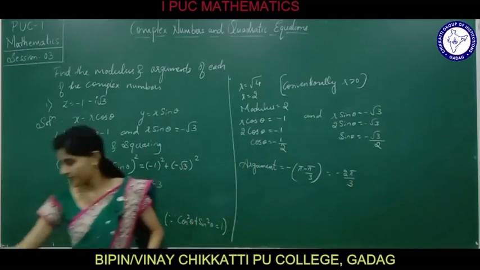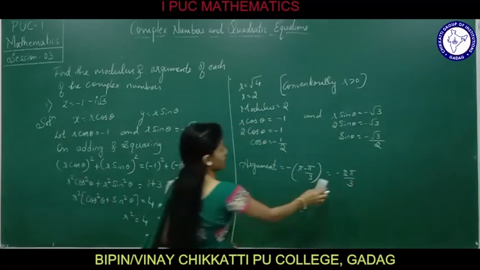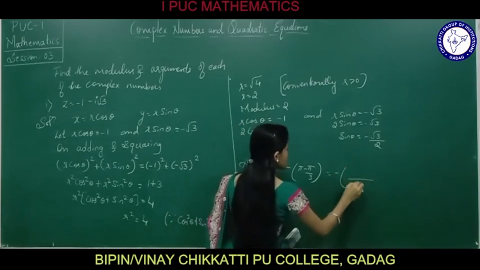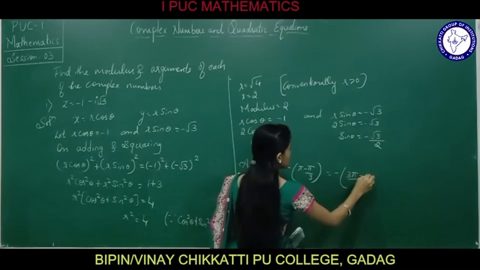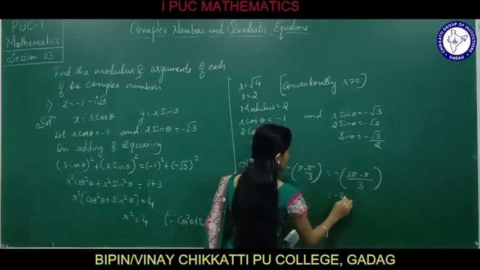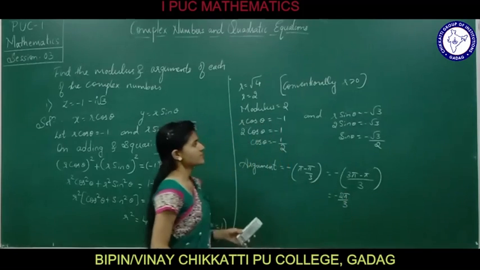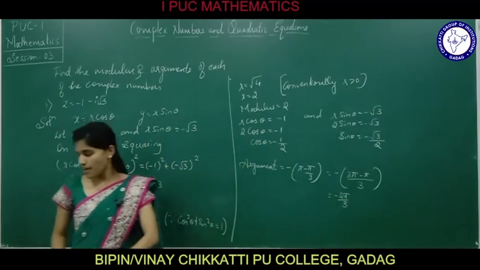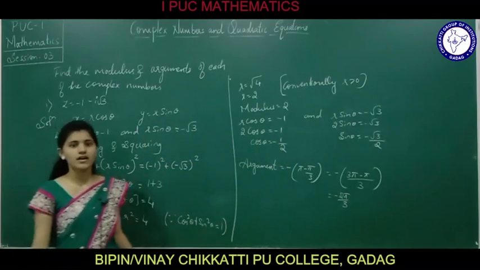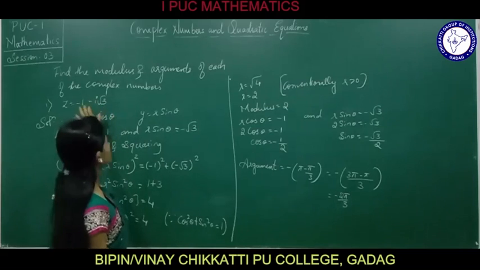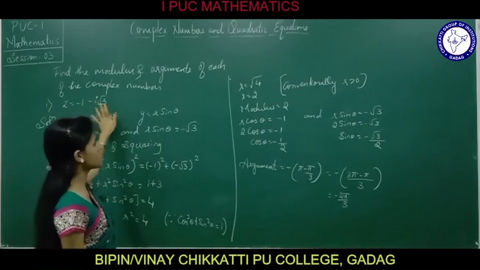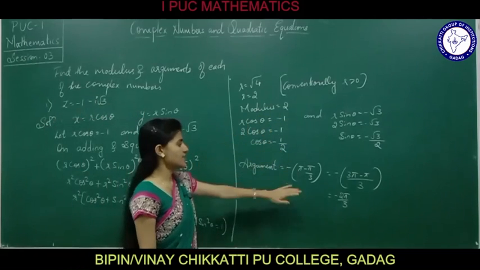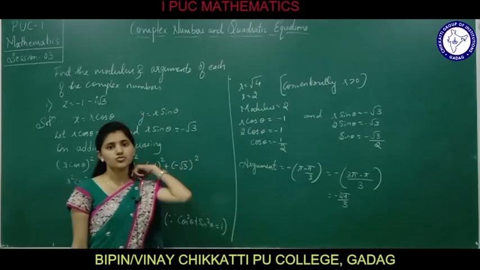On taking the LCM, 3 is our LCM. 3 pi minus pi, which is equal to minus 2 pi by 3. Hence we found both the modulus, which is 2, and the argument as minus 2 pi by 3. That is, this is the complex number we have, minus 1 minus i root 3. Its modulus is 2 and its argument is minus 2 pi by 3.